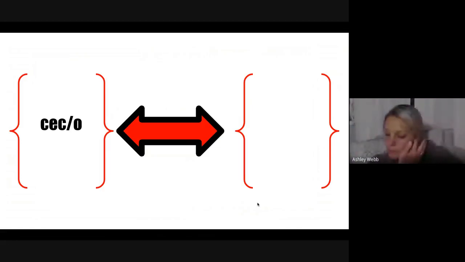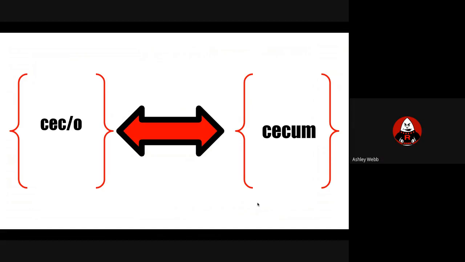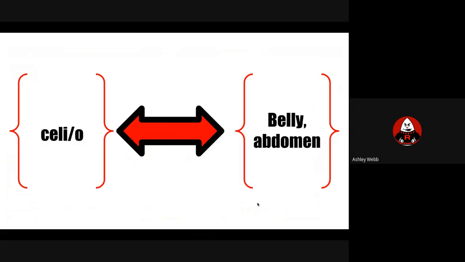Seco means you should be able to see the word cecum, vocab term there for you. Okay. When I see this, I think of celiac disease. Knowing that IAC means pertaining to, and so it's pertaining to the belly, the abdomen.